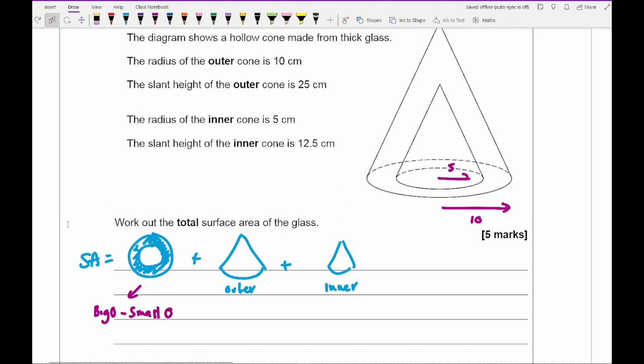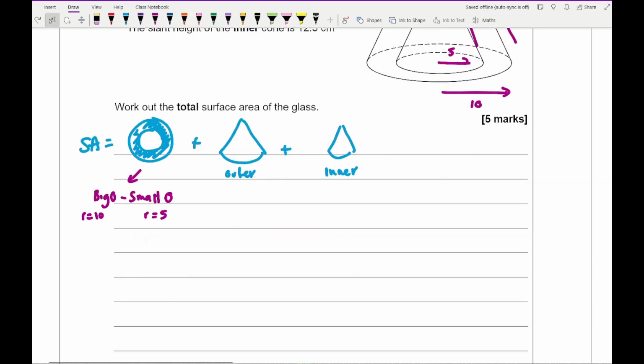And then going back to the diagram, we've got a slant height of 25 and this one here is 12.5. So for the big circle, that's going to be pi r squared, so with r equals 10, this one r equals 5. If I just move down a little bit, we can then work out the area for the big circle. That's going to be 100 times pi, which is 100 pi. For the small one, that's going to be 5 squared times pi, which is 25 pi. Subtract the two, and that comes to a total of 75 pi.